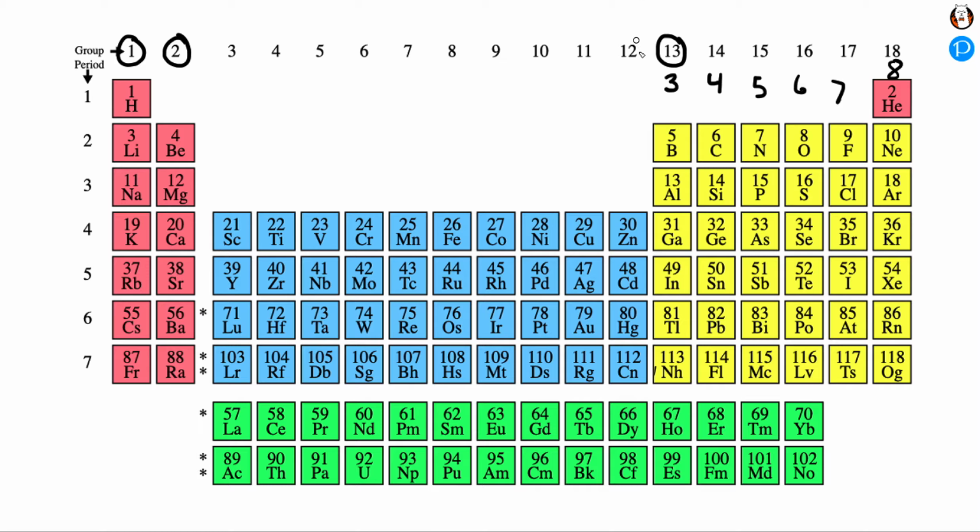And we said that these nonmetals over here, things like fluorine, oxygen, sulfur, chlorine, are really electronegative, and the metals are not very electronegative. So these nonmetals, because they're very good at stealing electrons, will take the valence electrons that these metals have, because the metals don't really have a good hold on their electrons. And so that's how those bonds form.